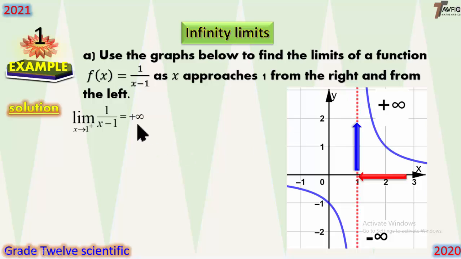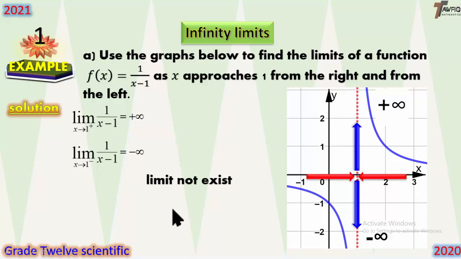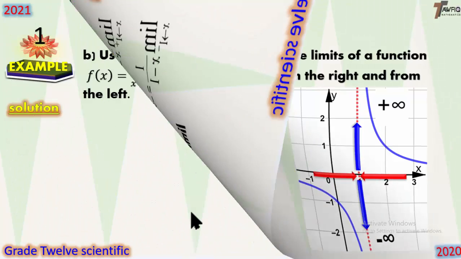That means it is equal to positive infinity, or increasing without bound. And when we approach 1 from the left, you can see the function goes to negative infinity. That means the limit as x approaches 1 from the left is negative infinity. The limit does not exist. Be careful.